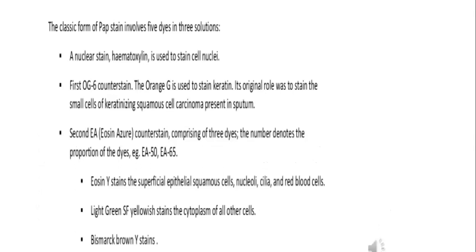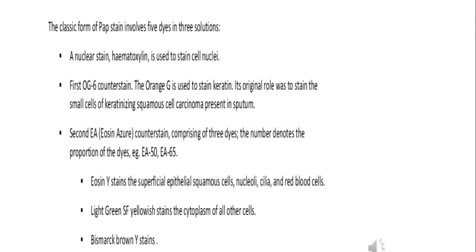Another is orange G6, a counter stain. Orange G is used to stain keratin protein, which is mostly seen in the sputum sample of a diseased patient. Keratinizing squamous cell carcinoma can be diagnosed with the help of orange G6 counter stain.